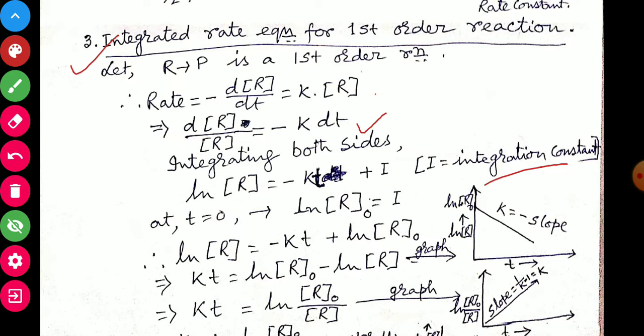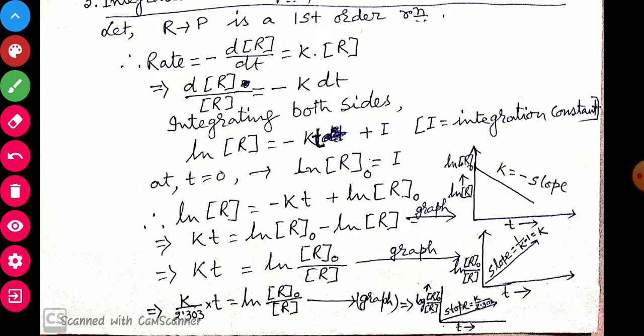Therefore, kt equal to ln [R]0 minus ln [R]. The graph is alongside, with x-axis as time axis and y-axis as ln [R]. Therefore, kt equal to ln [R]0 by [R]. The graph is alongside, with x-axis as time axis and y-axis as ln [R]0 by [R].